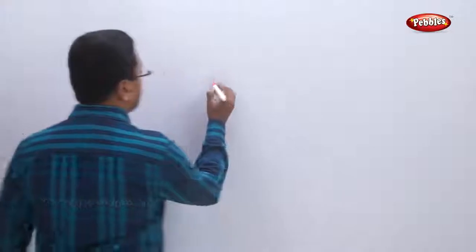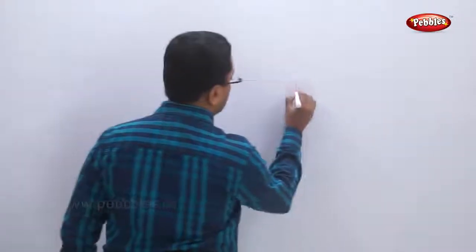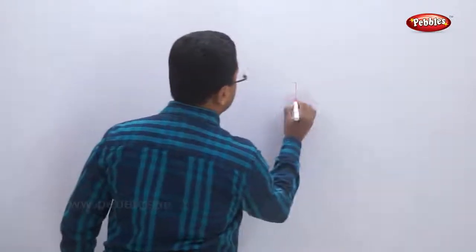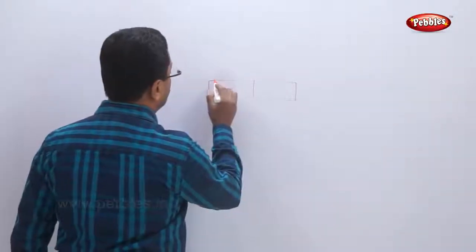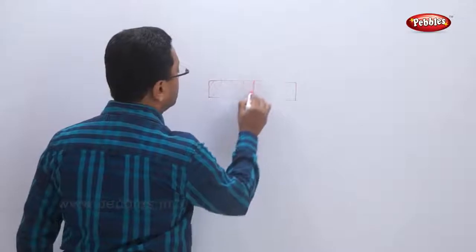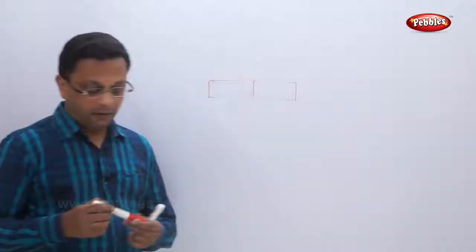But before going to electromagnetism, first of all we will see what the magnetic lines of force are and what the magnetic field is. We will do a simple experiment, that is we will place a magnet. Suppose this magnet is placed here. You know that the north pole is generally shaded with red color.